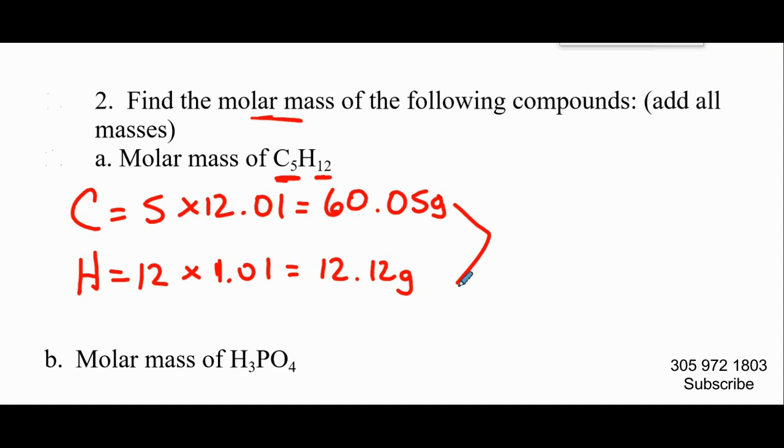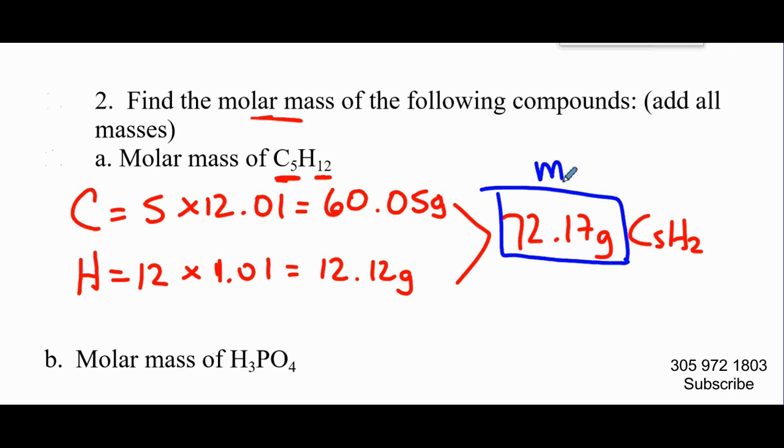That's what I get. 72.17 grams, in this case, of C5H12. That is the molar mass, okay? This is the molar mass of C5H12. Let's go to part B of the same question.